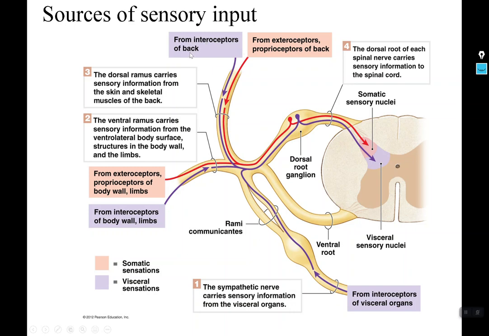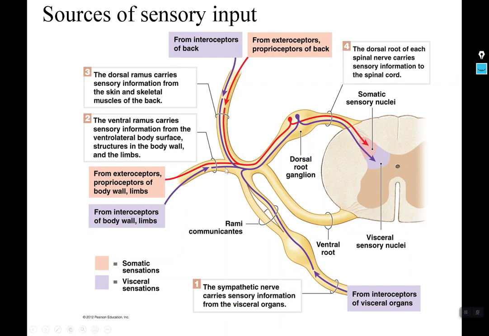So our visceral sensations from the back, which are going to be the same set of things. So essentially, what is the diameter of our dorsal blood vessels? What is the gas composition of our dorsal blood vessels, etc.? So that information is also going to come in.